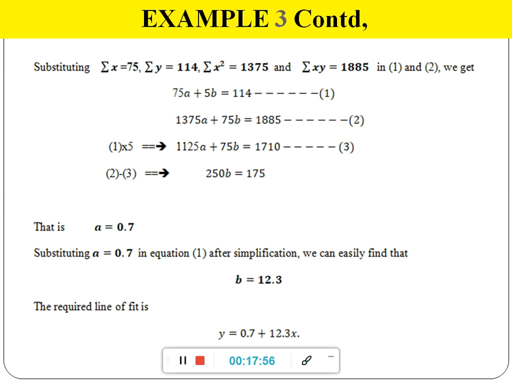Sorry, 250a equal to 175. That is a equal to 0.7. Substituting a equal to 0.7 in 1, we get b equal to 12.3. Therefore, the required fit is y equal to 0.7 plus 12.3 into x. Right? That's all.